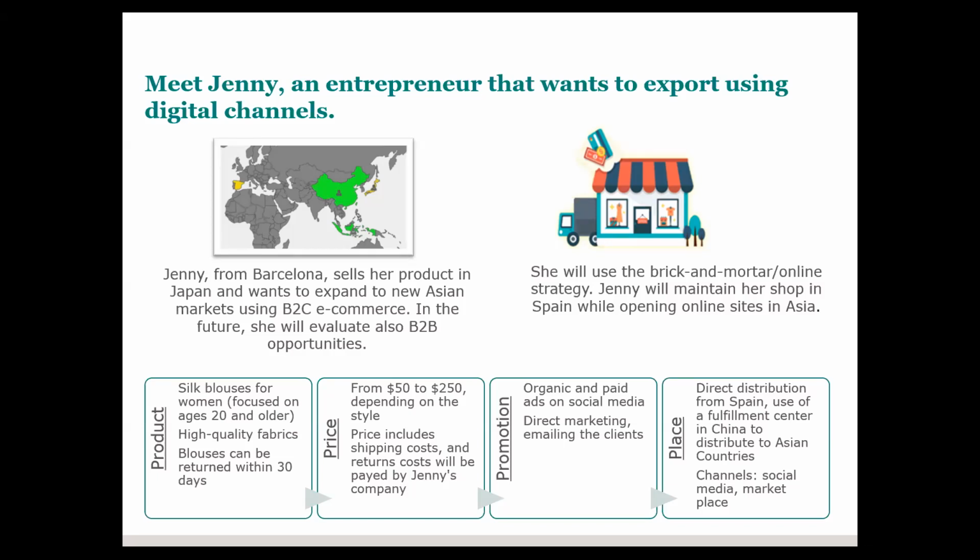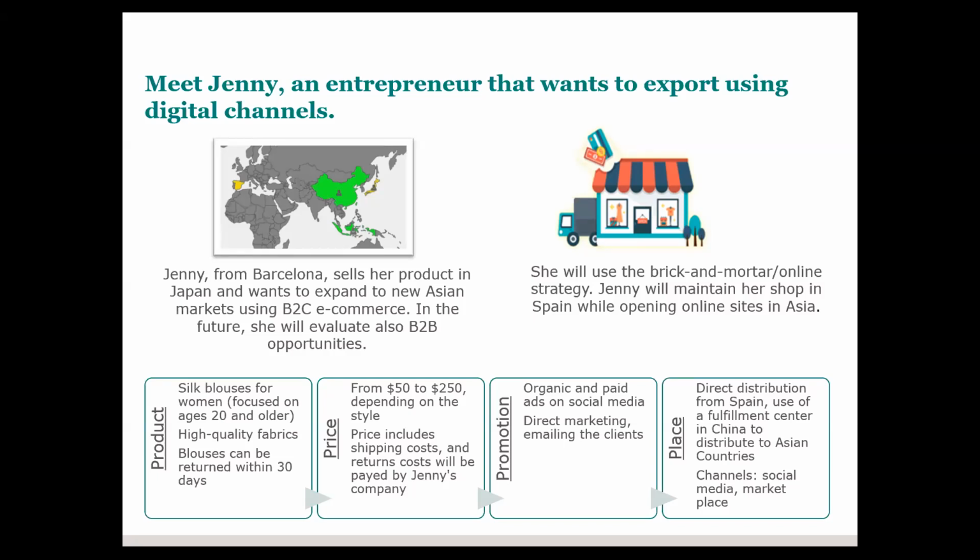What is the product? These are silk blouses for women, focused on ages 20 and older. She uses high quality fabrics, and blouses can be returned within 30 days. What is the price? The price varies from $50 to $250 depending on the style. The price includes shipping costs and return costs, and this will be paid by Jenny's company. Promotion.